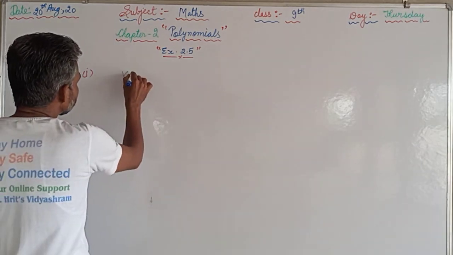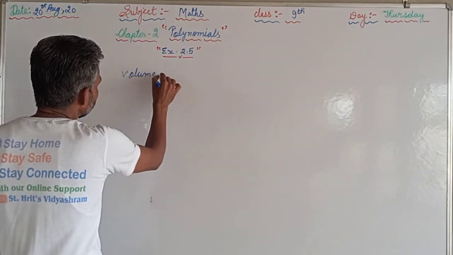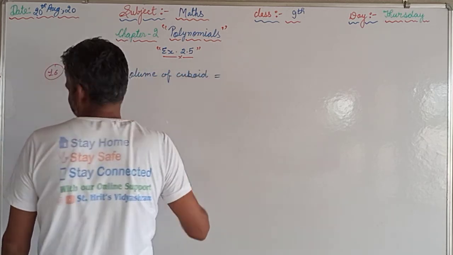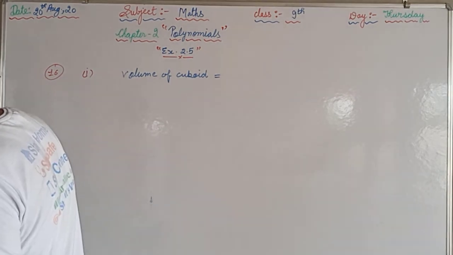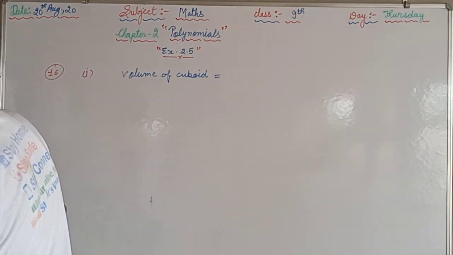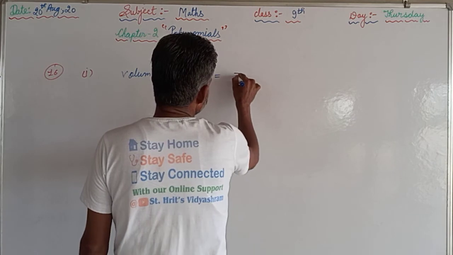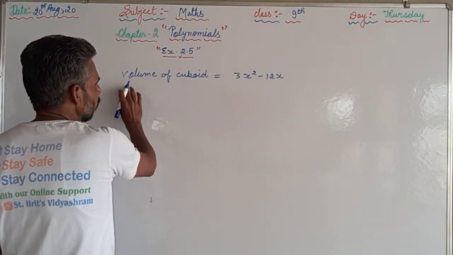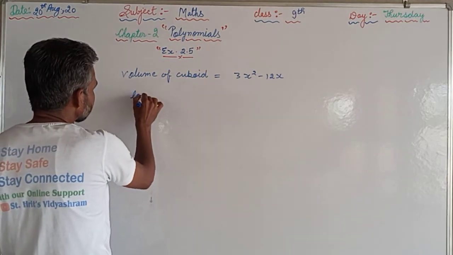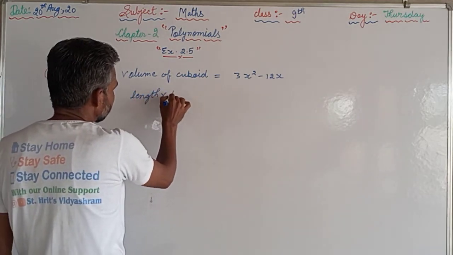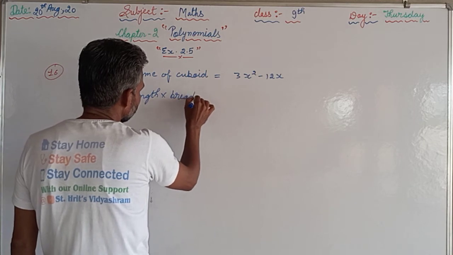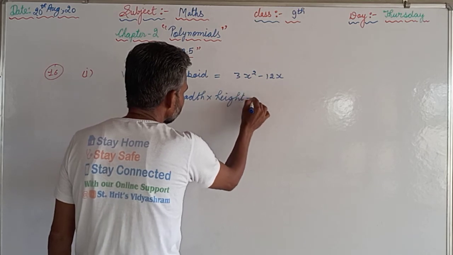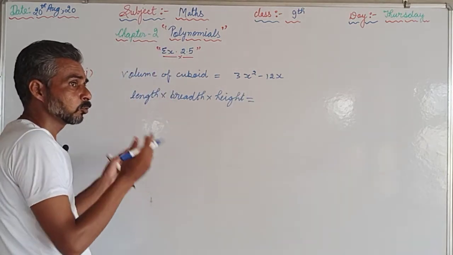So the volume of the cuboid is given, that is 3x square minus 12x. The volume of the cuboid is length into breadth into height, that is the formula of the volume of the cuboid.